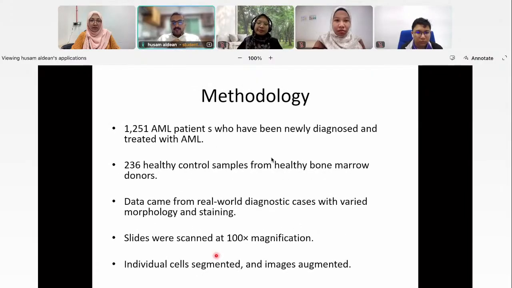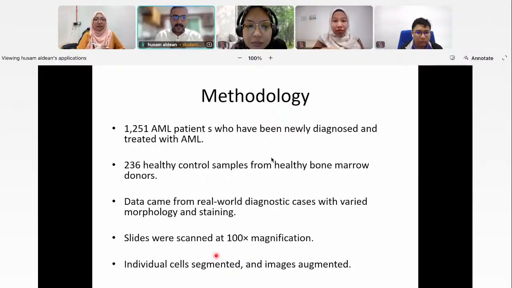In this study, we talk about the methodology and begin with the data set. It includes 1,251 newly diagnosed and treated AML patients, and 236 control samples from healthy bone marrow donors.